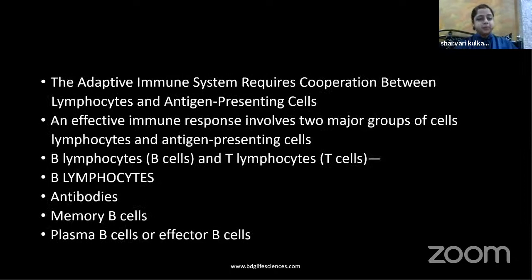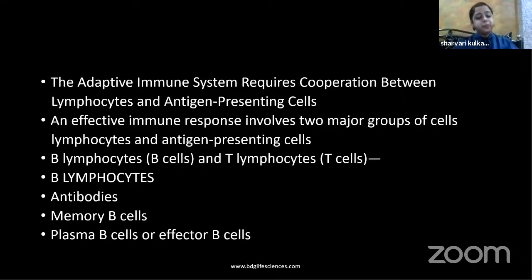Now, this adaptive immunity requires cooperation. Two main parties are involved in adaptive immunity: lymphocytes and APC, that is antigen presenting cells. An effective immune response involves two major groups of lymphocytes and antigen presenting cells: B lymphocytes and T lymphocytes.